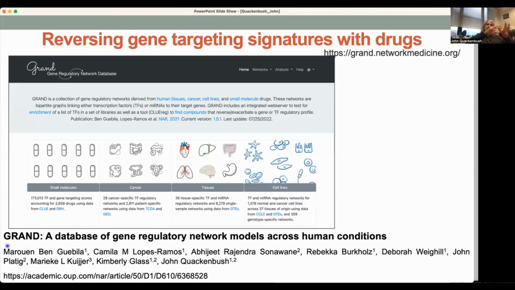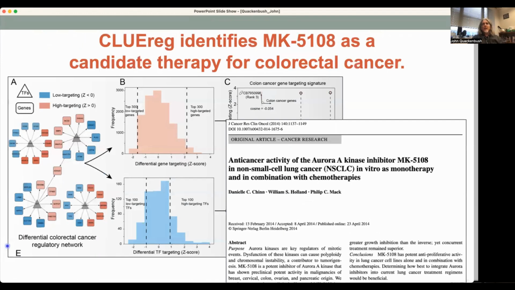And instead of asking what drugs alter patterns of gene expression, Marouin developed a tool called ClueReg to ask the question, how do different drugs or compounds alter regulatory processes? And by using those, what one can then do is say, how do we use a drug to change one regulatory network into another?